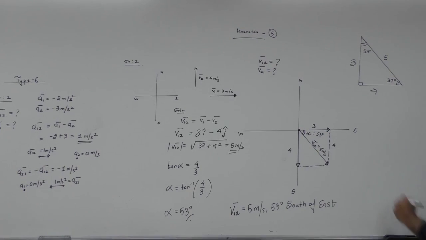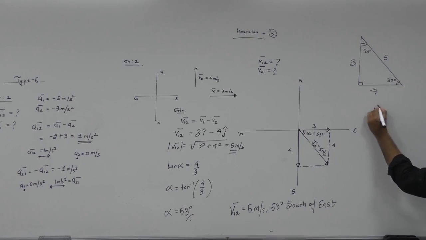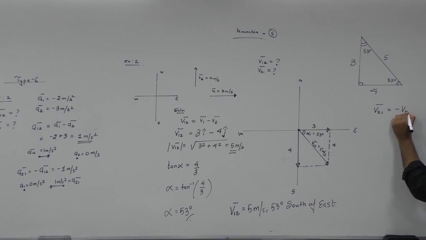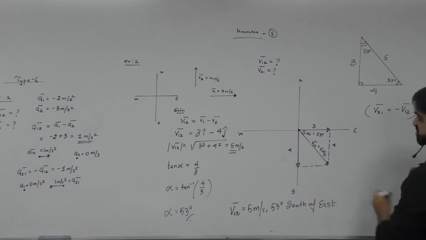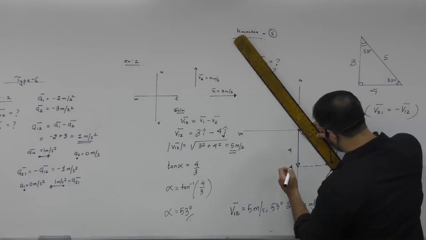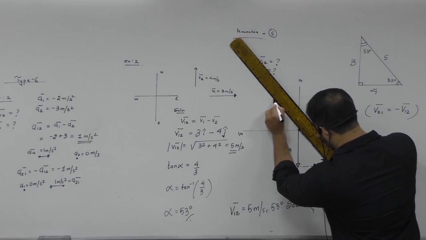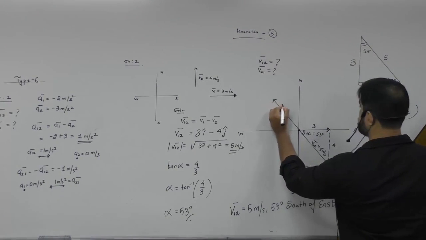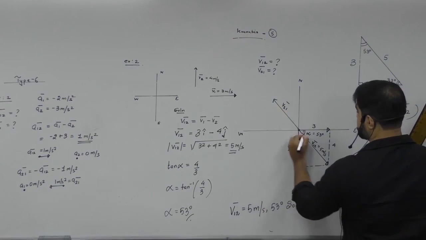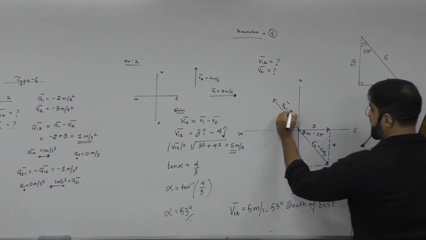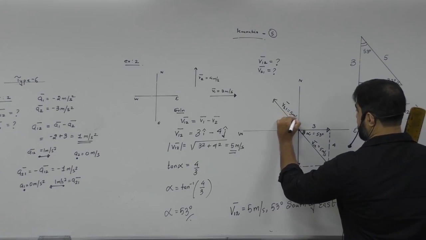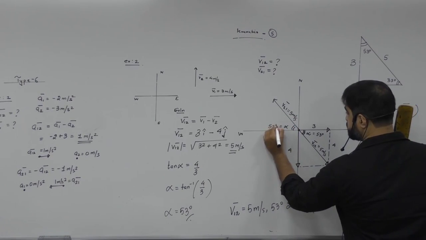Now they have asked you V21 bar also. Very simple it is. You know V21 bar is minus of V12 bar. Means if V12 bar is this, the vector opposite to this will be V21 bar. And this is alpha. So can I say this is also alpha? And this magnitude will be 5 only. And alpha will be how much? 53.